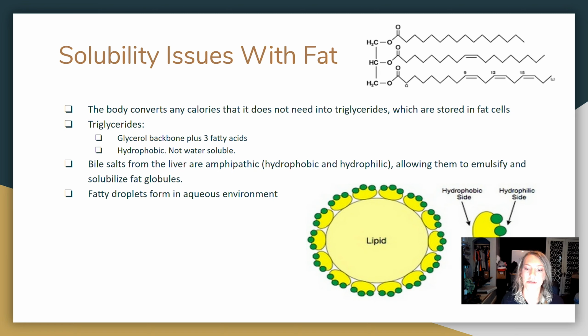This allows fat to be broken down further because the hydrophobic side binds to the fat and the hydrophilic side is able to be water soluble. This emulsifies and solubilizes fat globules.